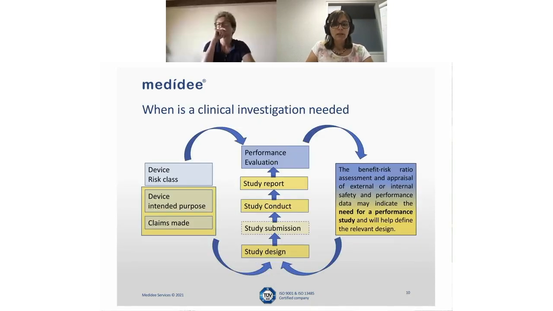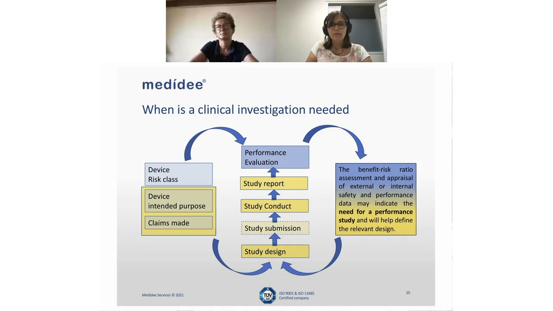So when you have your device, you need, as mentioned before, to perform a performance evaluation on your device. As part of this, you need to consider the device risk class, as well as its intended purpose and the claims which are made.